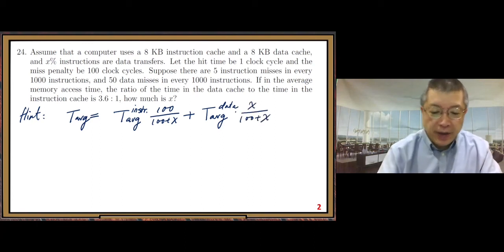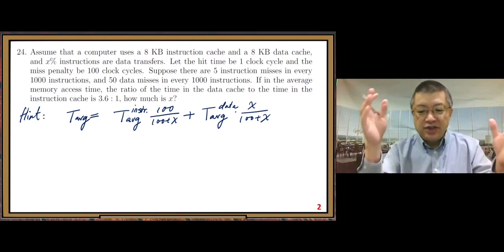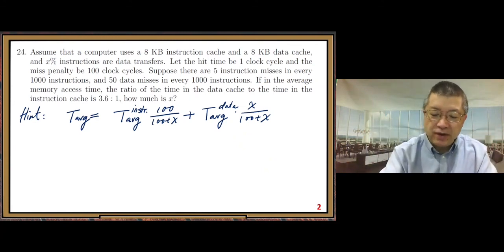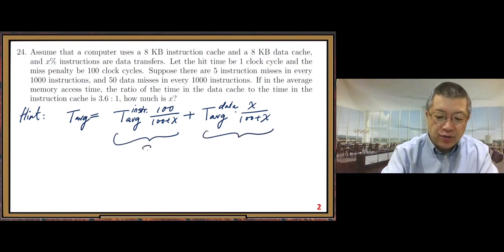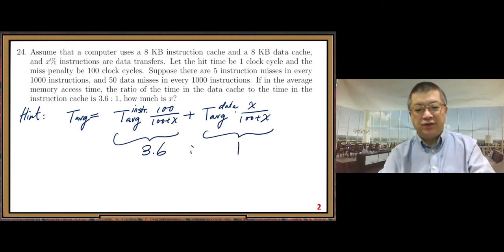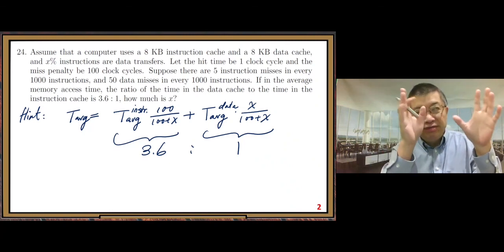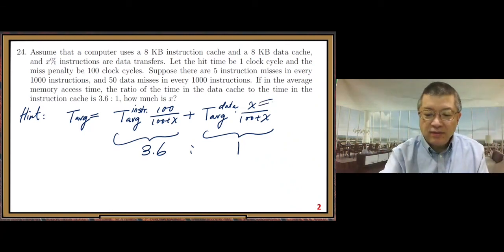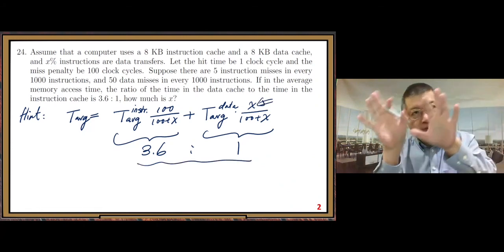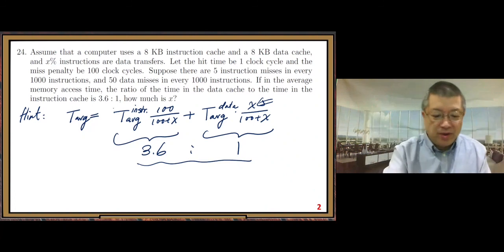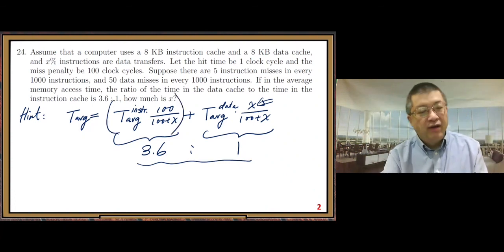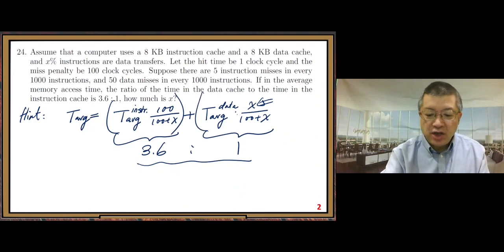Now, to set up the equation, the given condition is a 3.6 to 1 ratio. Can you set up an appropriate equation to find x? This ratio, 3.6 to 1, is between the first expression and the second expression.